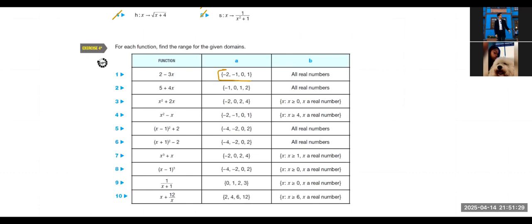So this is what you've been told, and you need to find the right answer out of these for the range. Do you get it? Like for example, if this is your function and this is all the x values that you've allowed, so x can only be -2, -1, 0, or 1, nothing else.